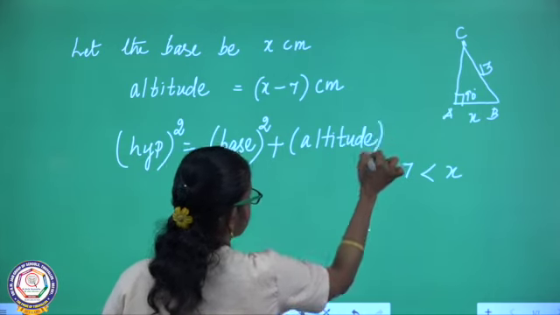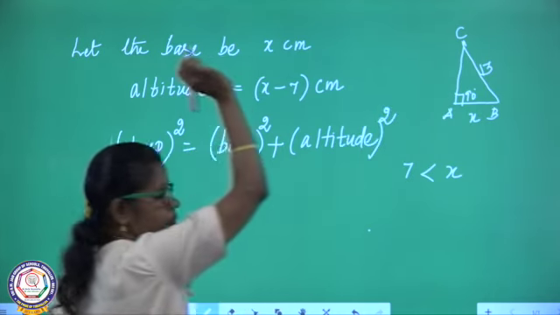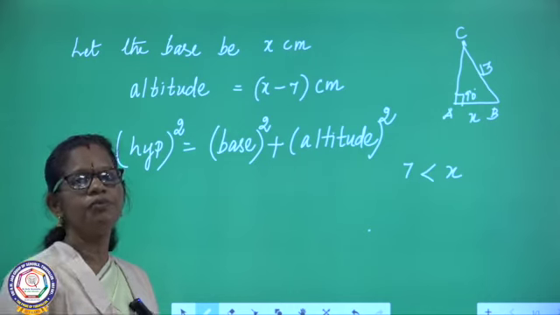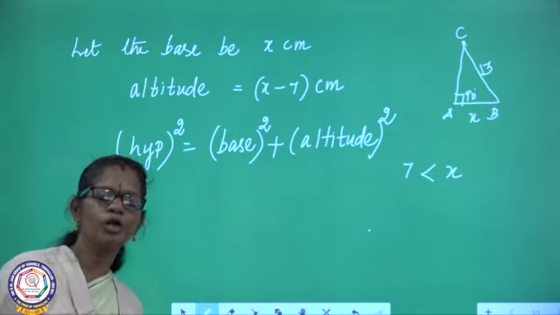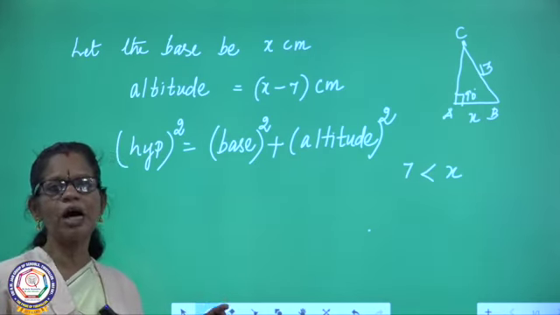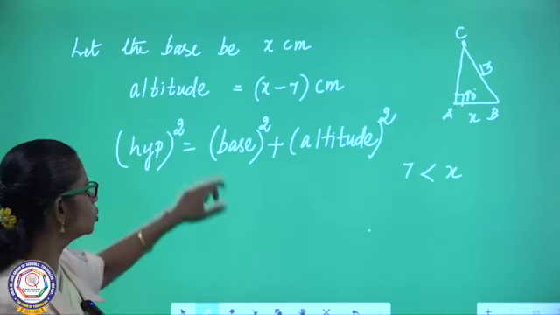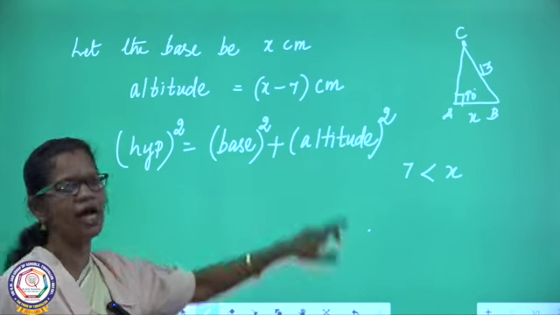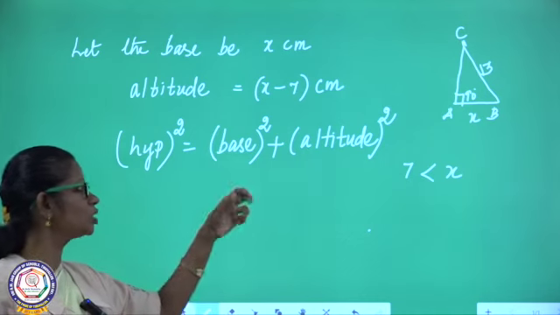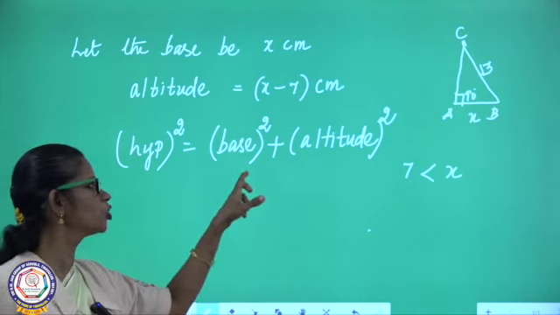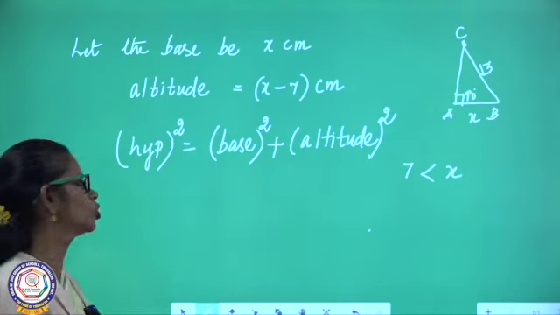You know Pythagoras. What is the Pythagoras theorem? The square of the hypotenuse is equal to the sum of the squares of the other two sides. The other two sides I consider as base and altitude, base square plus altitude square.